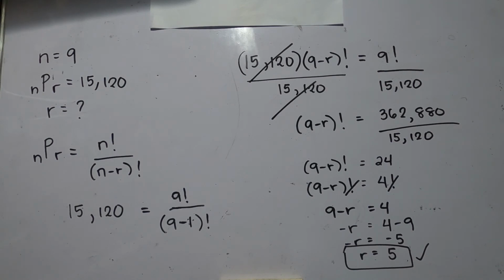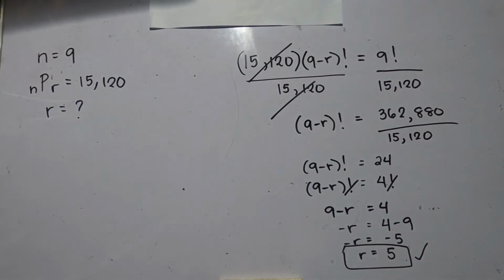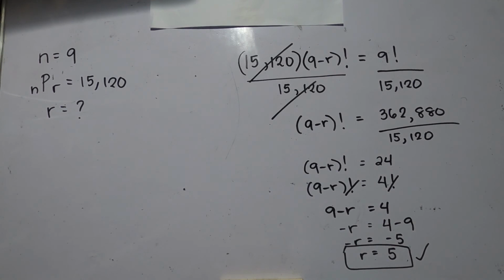By that definition, we can just multiply integers less than or equal to 9 and find out how many factors will arrive at the product of 15,120. To do that, since n is equal to 9, we start with 9 as a factor.